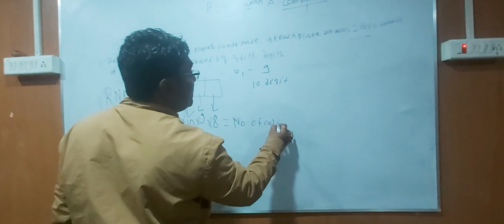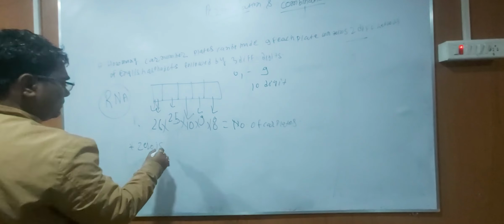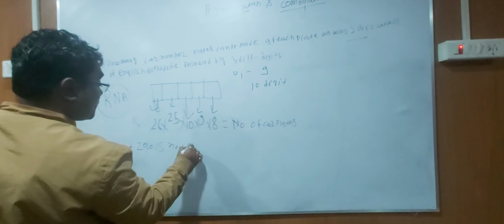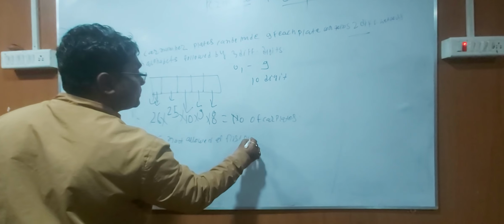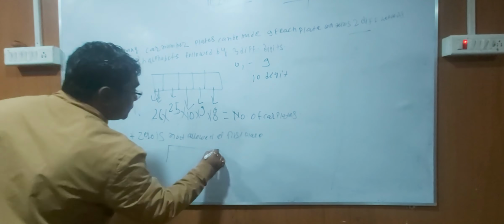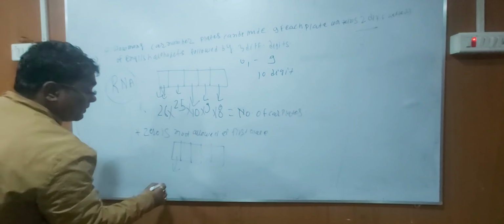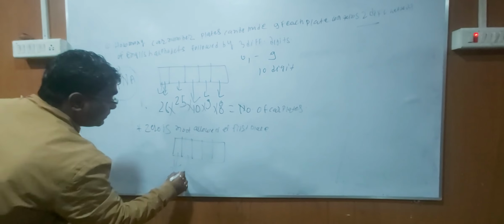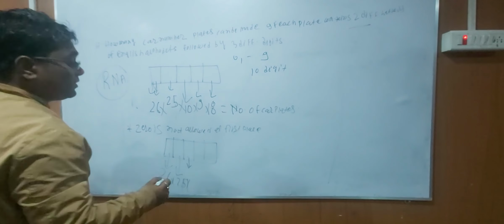Okay. Next question is, 0 is not allowed at first place. First place means 1, 2, 3, 4. This is filled by 26 ways. This is by 25 ways. And 0 is not allowed at first place because after alphabets the digits start, means we have how many digits excluding 0? 9.